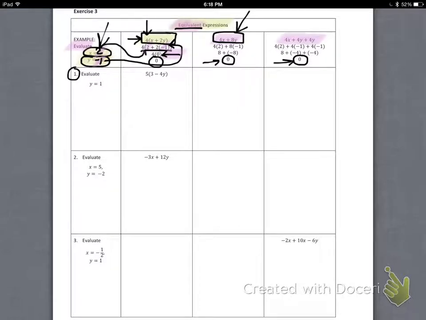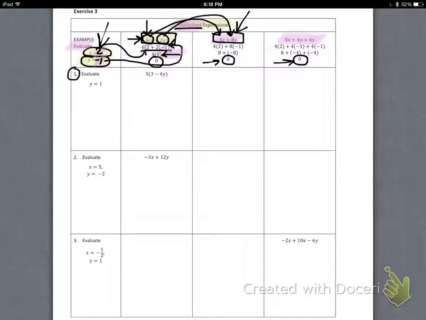If you look closely, they've just distributed the 4 over the two values in the parentheses. They multiplied 4 times x, which gives you 4x, and then 4 times 2y, which gives you the 8y. So they've distributed the first expression and come up with the second expression, and they're the same.